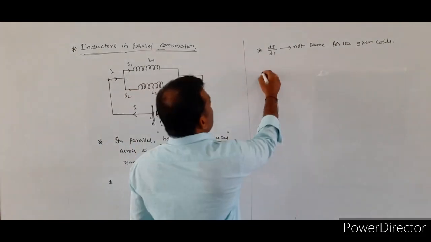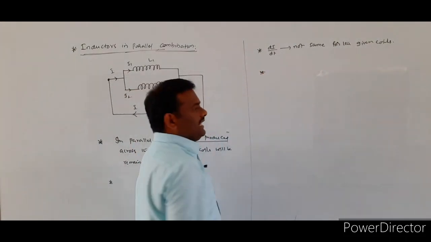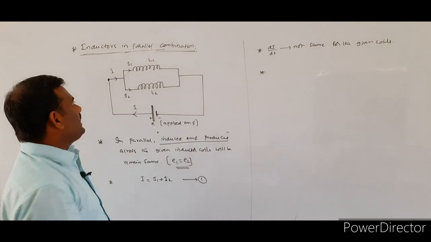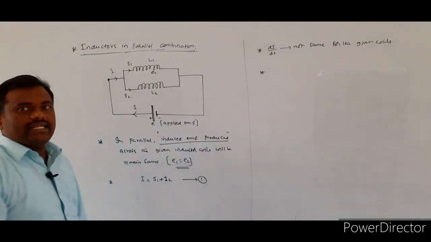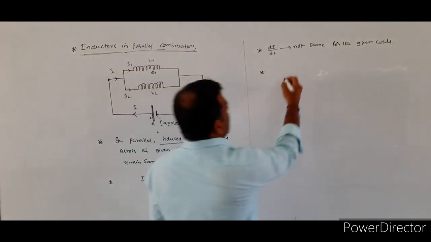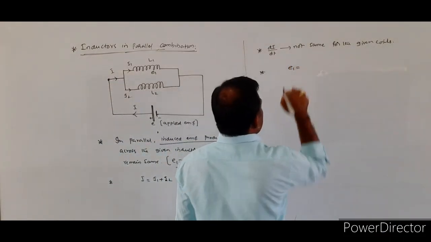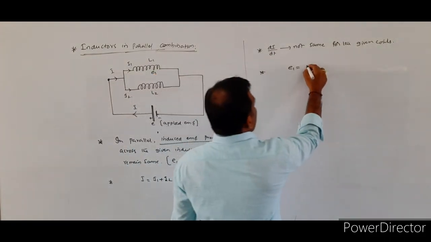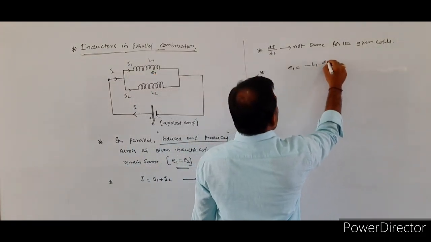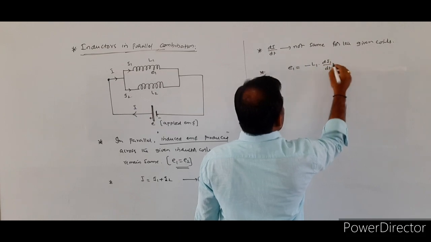So here, due to the change in electrical current, some EMF will be produced across the first inductor coil. I am taking the induced EMF across the first inductor coil as E1 is equal to, directly I am writing, minus L1 into di1 by dt.